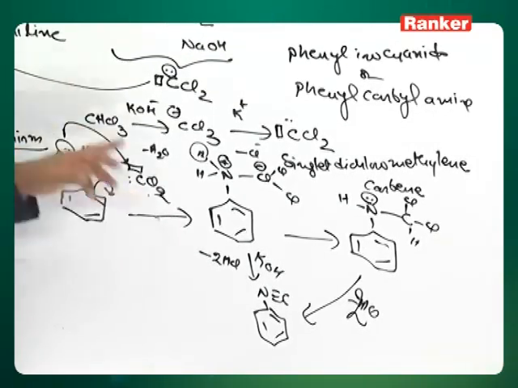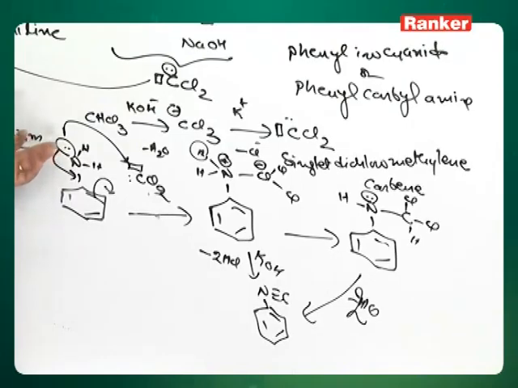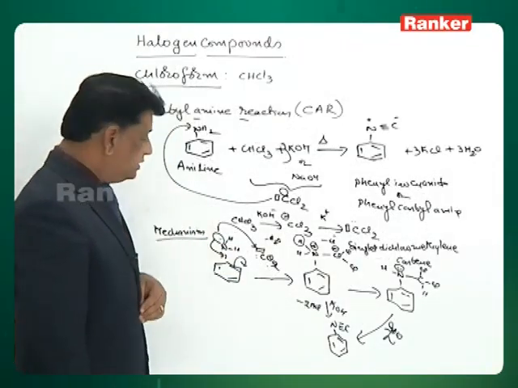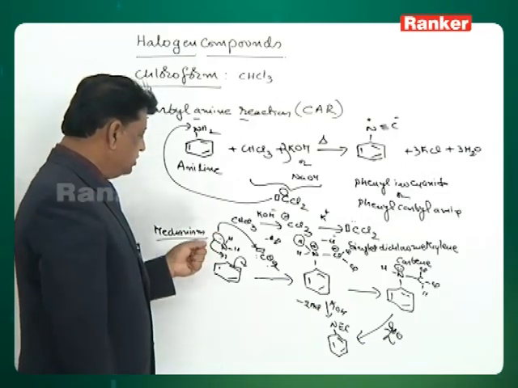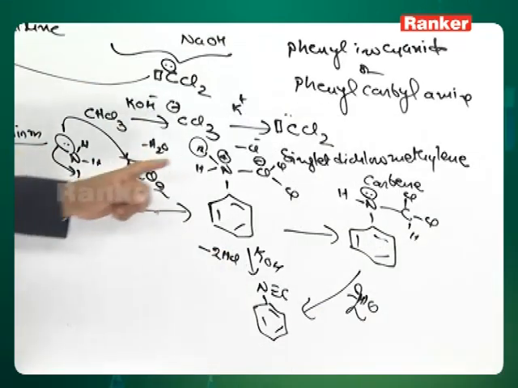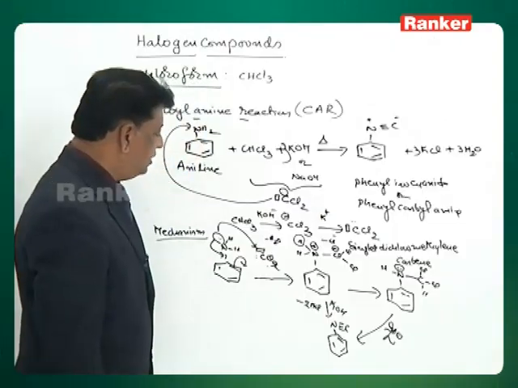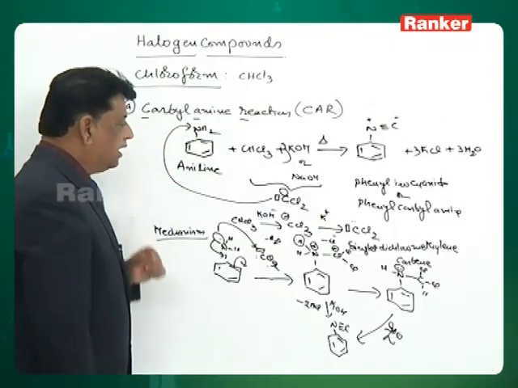So this electrophile finds that taking the electrons from the nitrogen is easier than in the case of phenol, O, that is oxygen. Oxygen holds the electrons more. So therefore here it is possible to attack on the nitrogen directly, and you are getting this type of elimination. So you are getting finally carbyl amine.